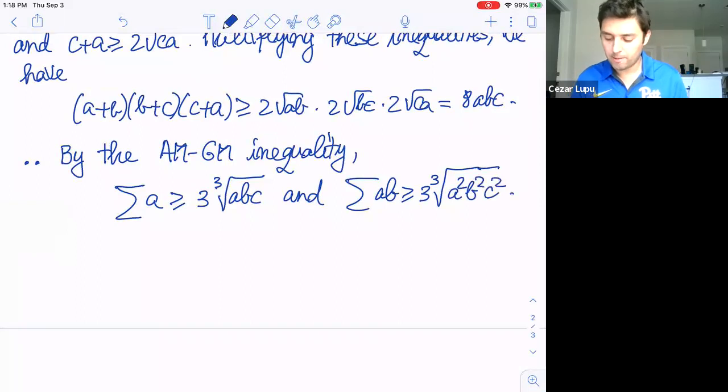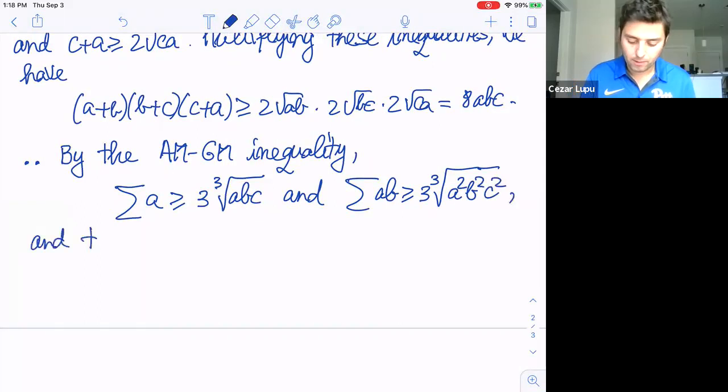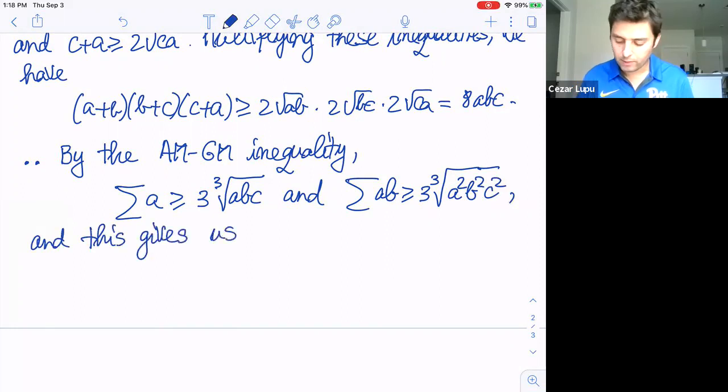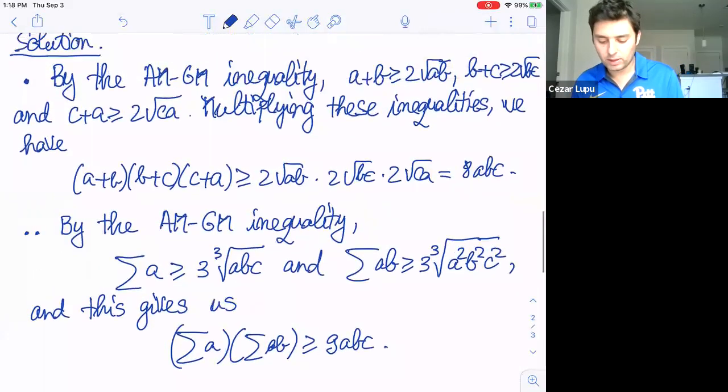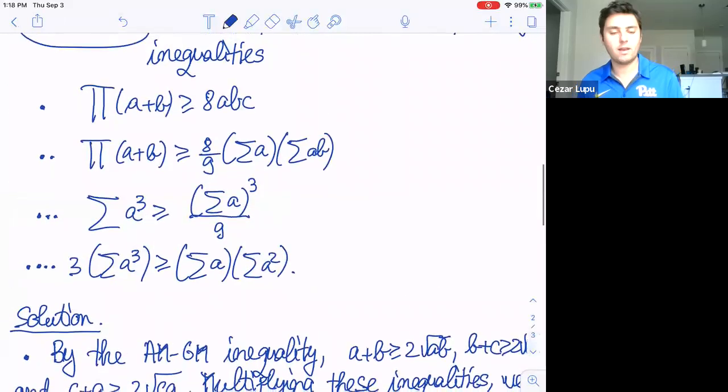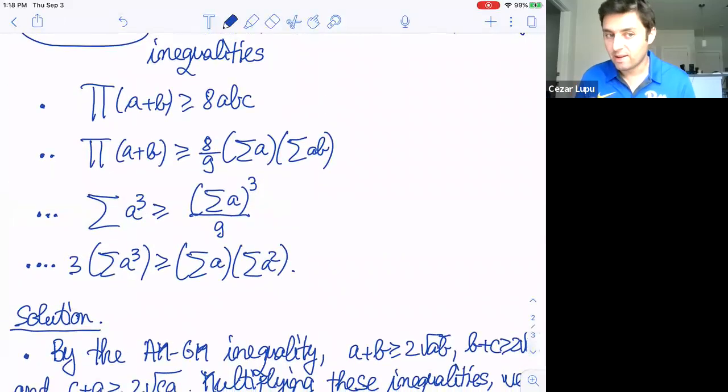And when you multiply, the sum of a times the sum of ab is greater or equal than 9abc. So as you can see, we obtain the first inequality if we assume the second one. So now we cannot use this; I have the same expression, the product of (a plus b) there, and now I have to see something about this.